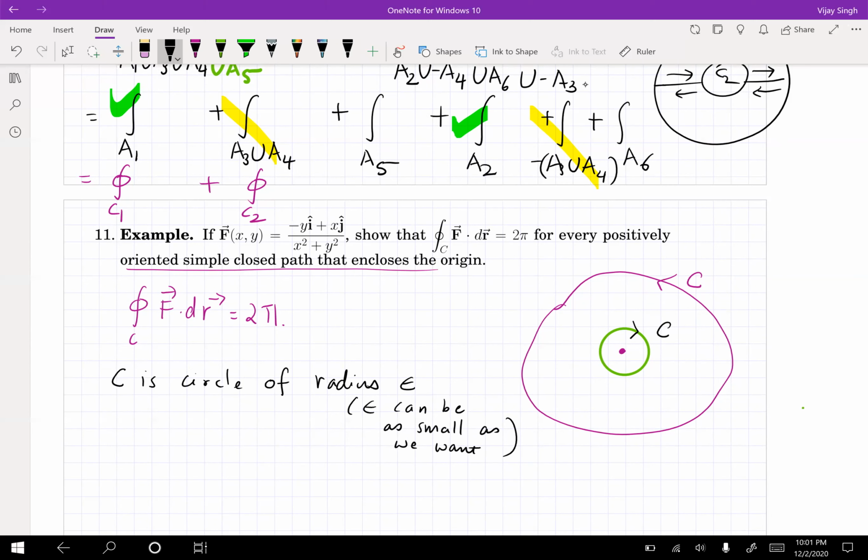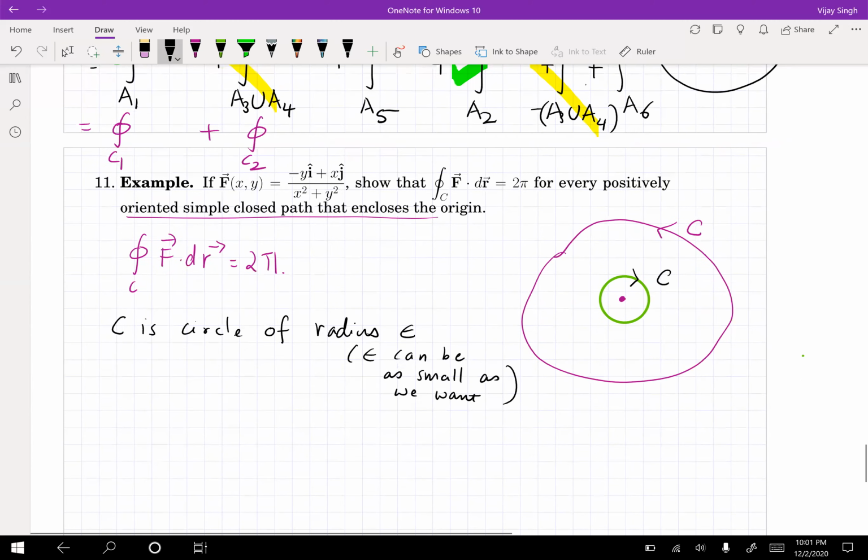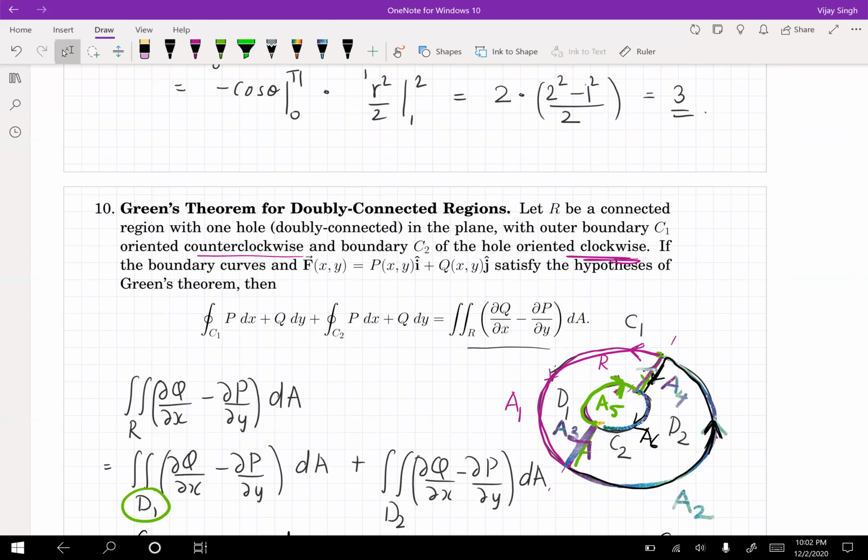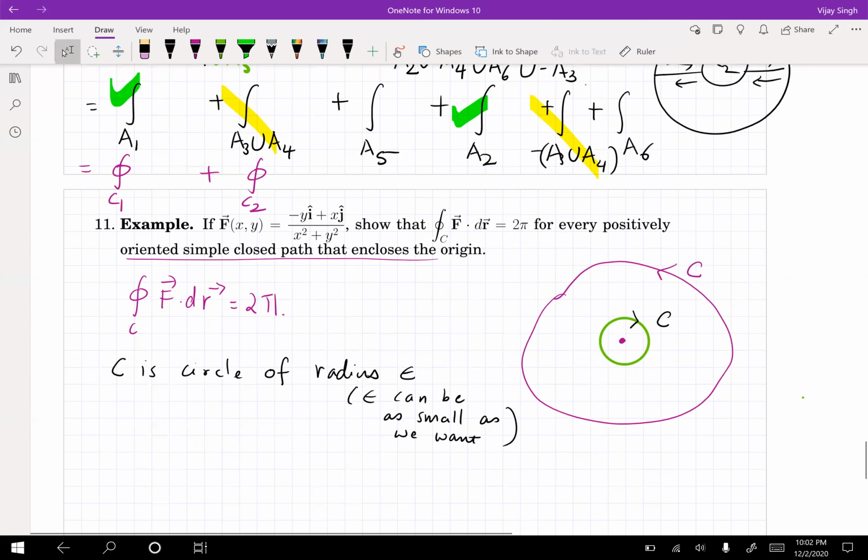So now, what does Green's theorem, sorry, the extension of Green's theorem for doubly connected region tell me? But note that if I orient it like that, maybe I will have the proper orientation for the circle with the negative sign.